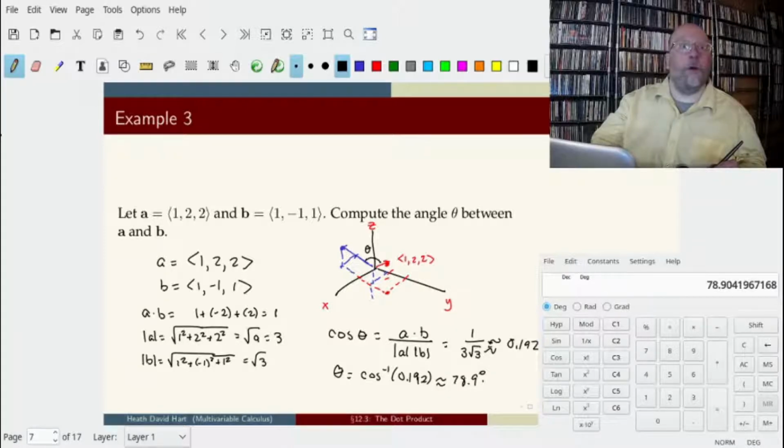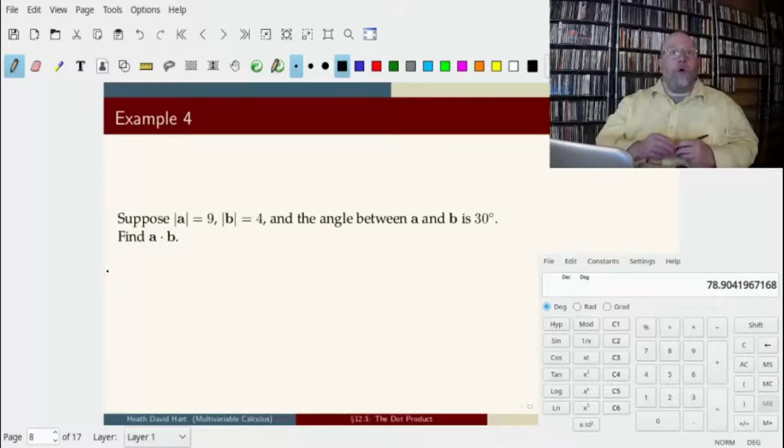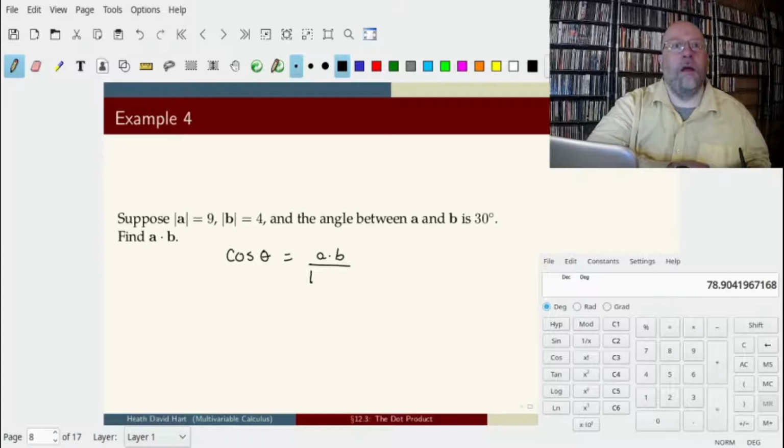So let's go on to the next slide. Suppose that we know the magnitudes of the vectors and we know what the angle is. Find the dot product. So we're using the same formula from the previous slide, that the cosine of the angle is equal to the dot product after we divide out the units. But in this case, what we know is the angle.